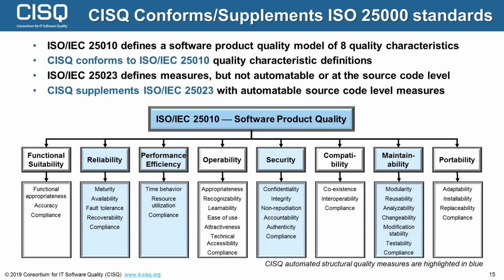Now, 25023 will undergo a revision activity once we get 25010 approved, its revision approved, and at that point we'll work to get things like the CISQ measures and AUTOSAR and other collections, MISRA and other collections of weaknesses at least referenced, the source code weaknesses referenced, and then hopefully have appendices that describe those sources of weaknesses at the software source code level. And the CISQ measures in particular have become international standards for measuring those weaknesses. So it supplements 25023. Next slide, Tracy.